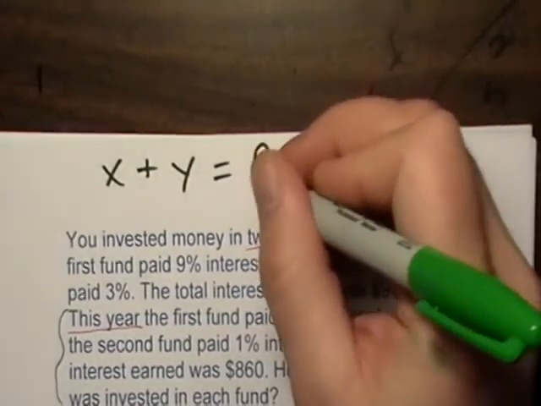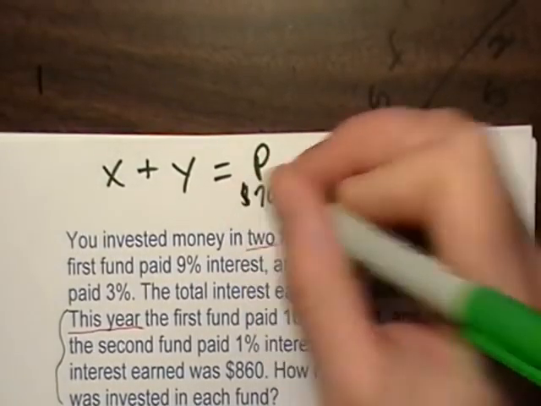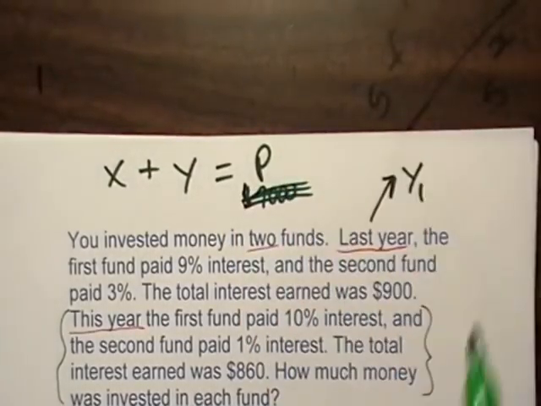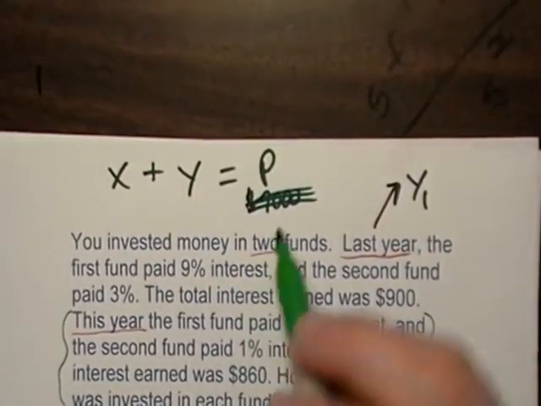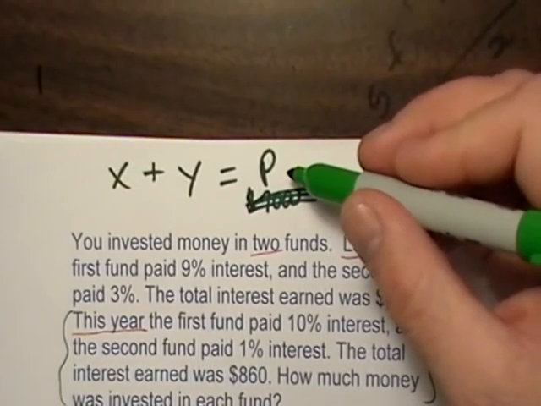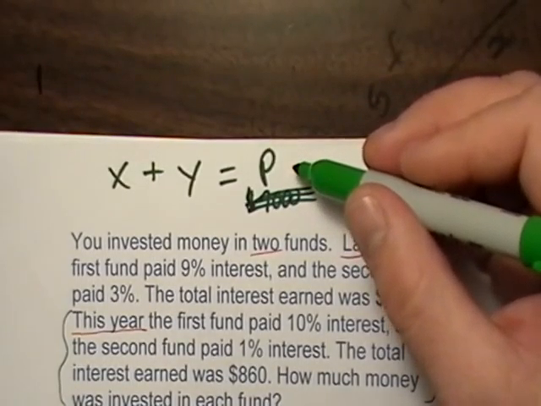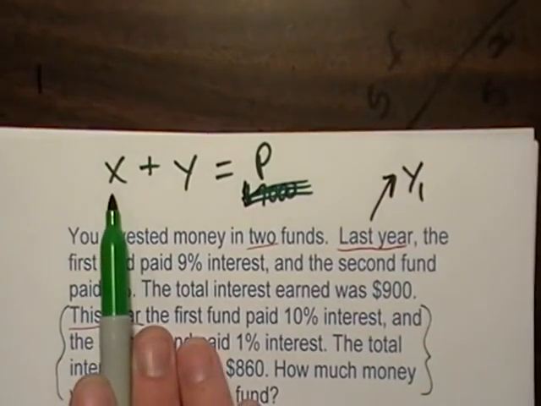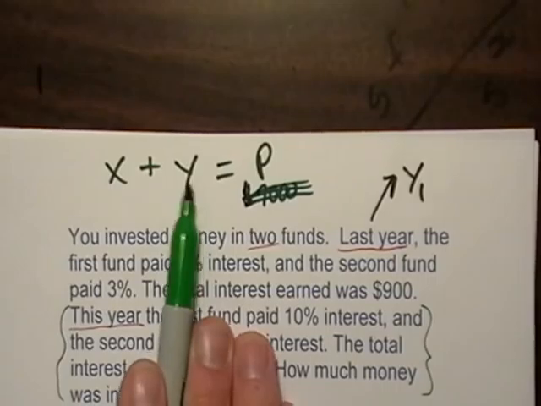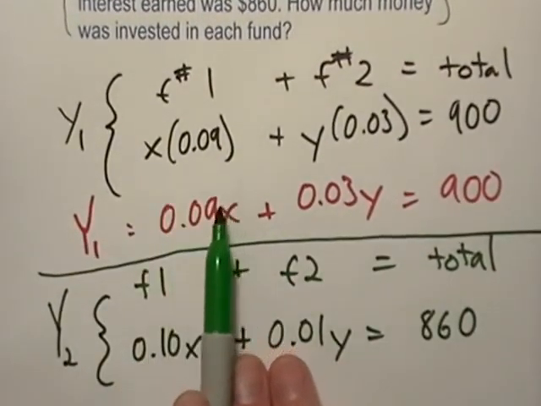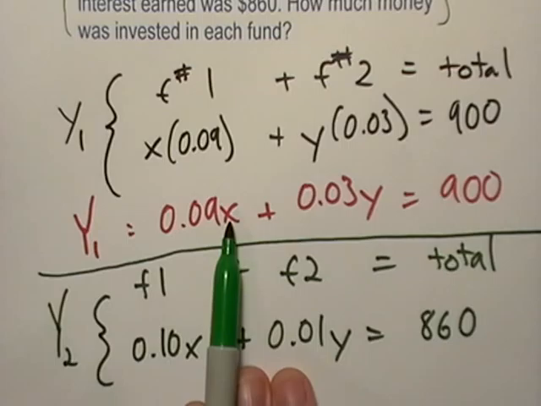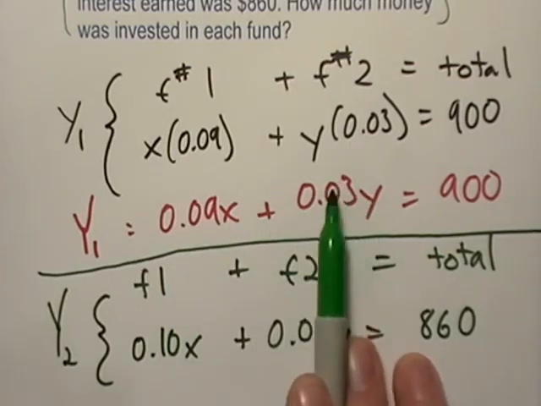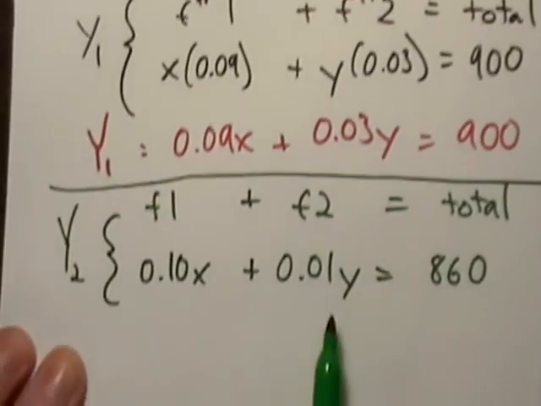In the last problem, this was like $7,000, and we eliminated a variable that way. But this problem, they haven't given us that. So we're going to call our total amount of money that we stuck into the accounts P. I put X dollars in one account at 9%, Y dollars into the other account at 3%. And that's all I did here.